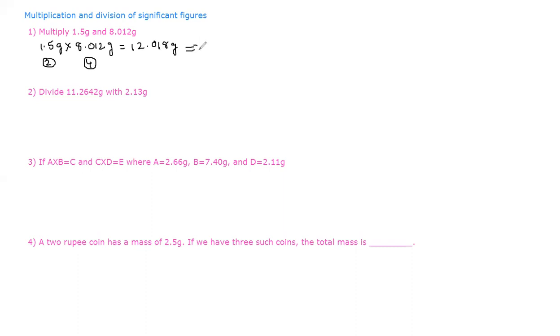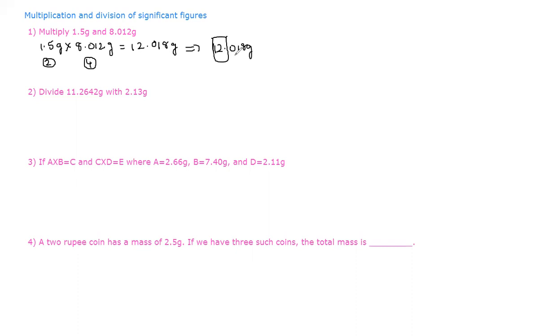So this answer can be 12.018 grams, right? Up to here you have to round off. But before dropping all these digits, again you have to check whether this particular digit is less than 5, equal to 5, or greater than 5. If it is greater than or equal to 5, you will add one to the preceding digit.